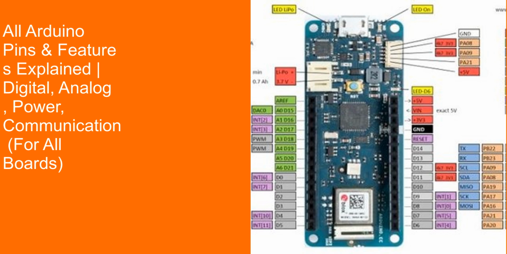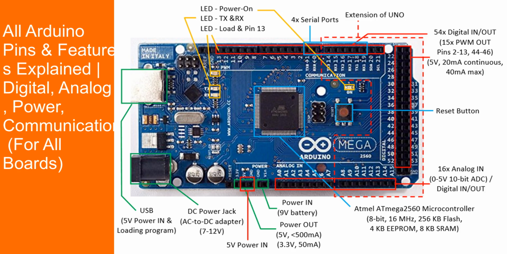So, in a few words, every Arduino board has power pins for voltage and ground, digital pins for logic signals and special functions like interrupts, PWM or serial, analog pins for sensor readings, PWM and DAC pins for analog output, communication pins for UART, SPI, and I2C, and some special pins for advanced tasks.